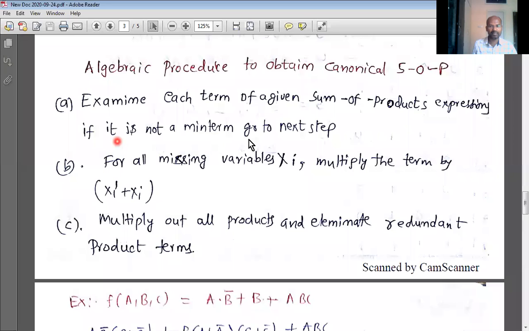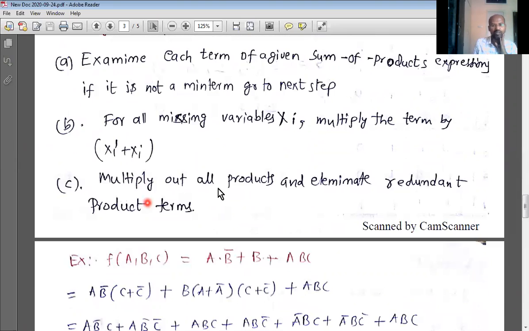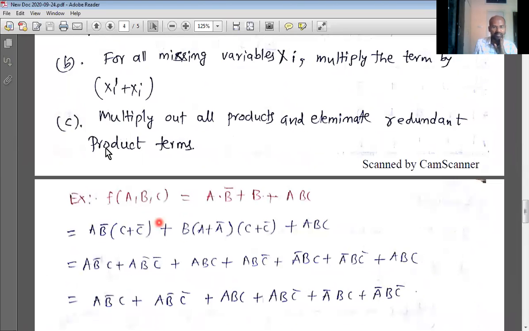If it is not a min term, go to the next step. For all missing variables xi, multiply the term by xi bar plus xi. We all know xi bar plus xi is always equal to 1. Multiply out all products and eliminate redundant product terms. These are the steps. Let's understand with some examples, and we will come back to these steps again.